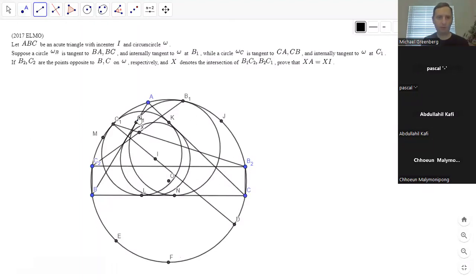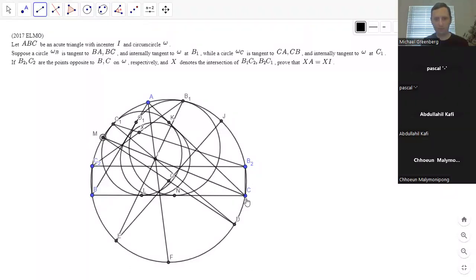So C1, I, and D are collinear, where D is like the midpoint of arc ACB. And similarly, these are collinear. And this is collinear. This is collinear. We have a lot of stuff. This looks like we might want to use Pascal. And we have this, and we have this. So yeah, plenty of collinearities.